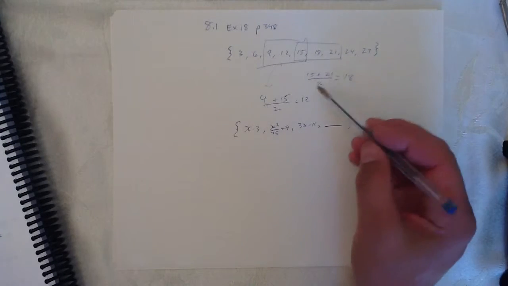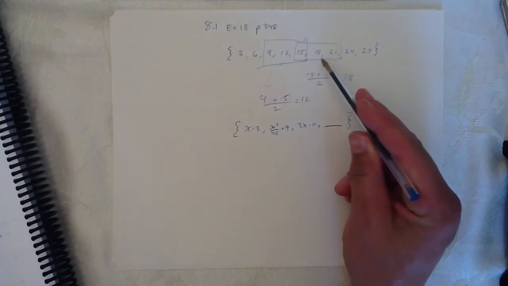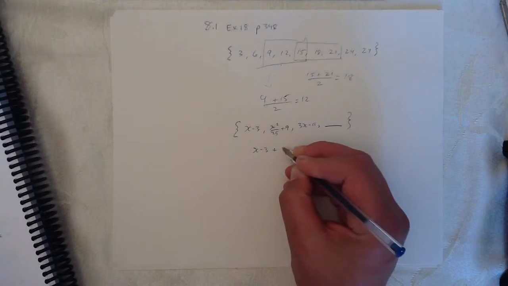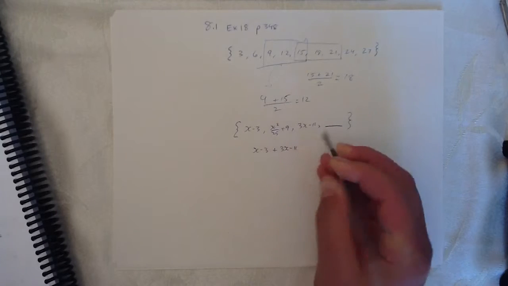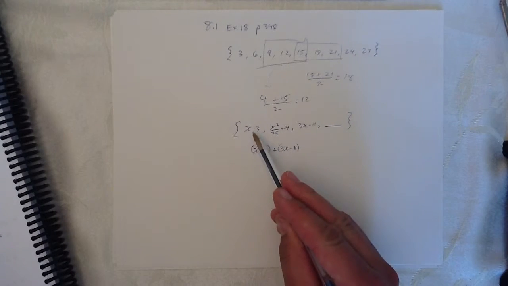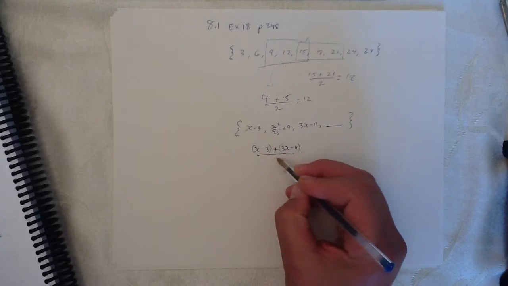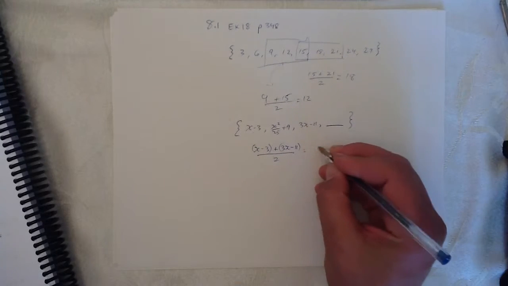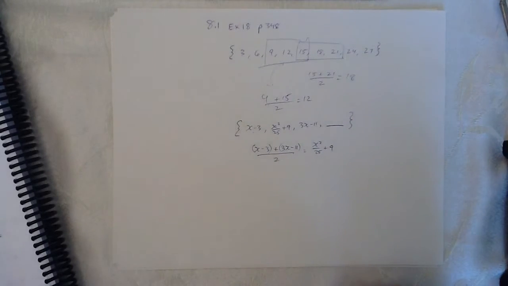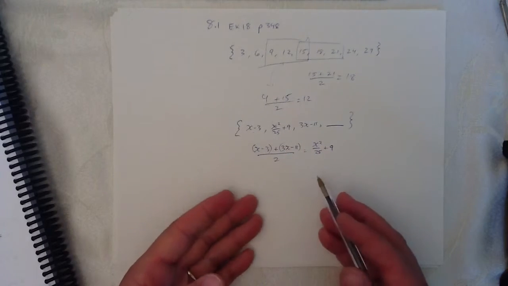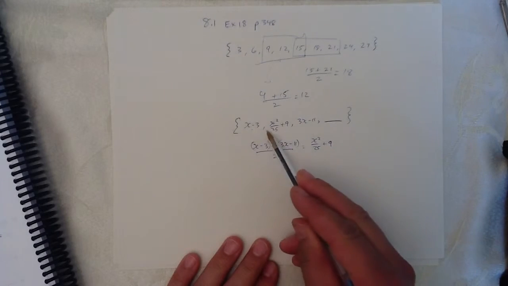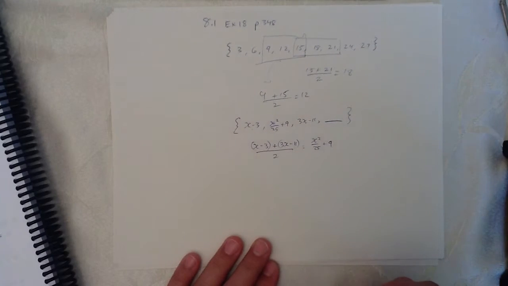So to do that, we follow the same logic as up here, and we say that (x minus 3) plus (3x minus 11), I'll put those in brackets so we can maintain our plus and minus, that one plus that one divided by 2 should equal the middle one here, x squared over 25 plus 9. And if we reduce that and solve for x, we can plug x into this formula, figure out what these are as numbers, and then calculate the fourth term.